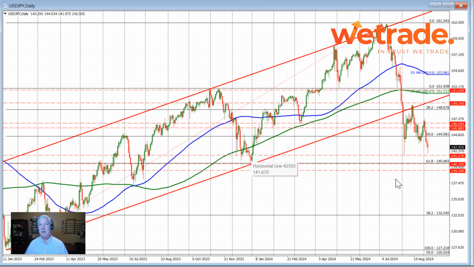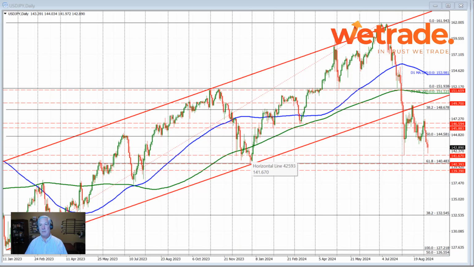So we have some ways to go before we head toward that level. And if we do get below that level, that would open the door for further downside momentum.